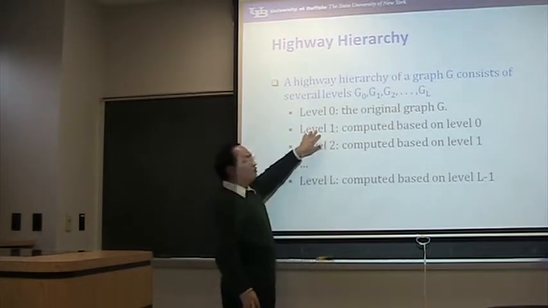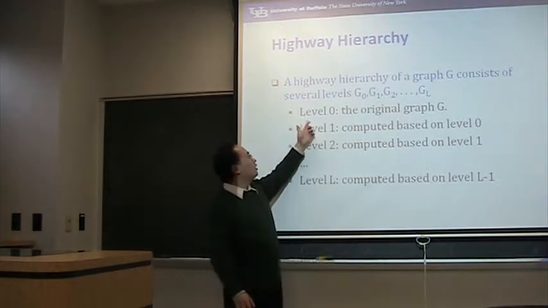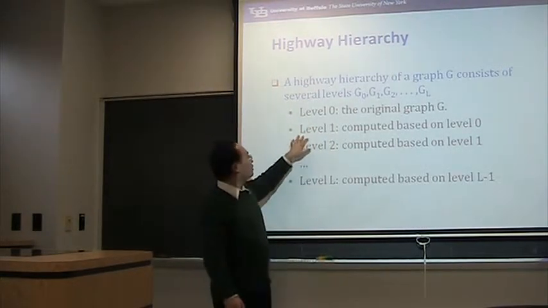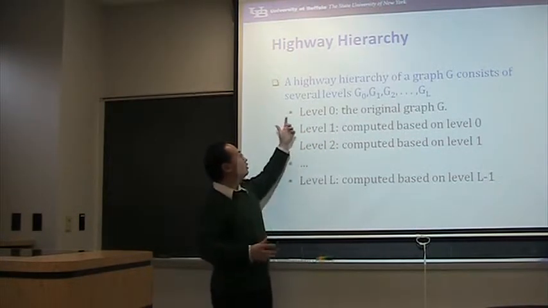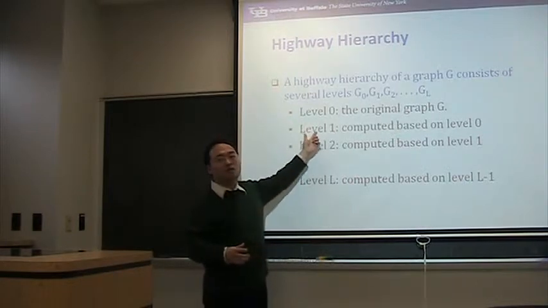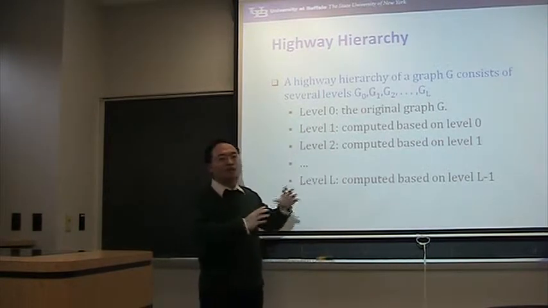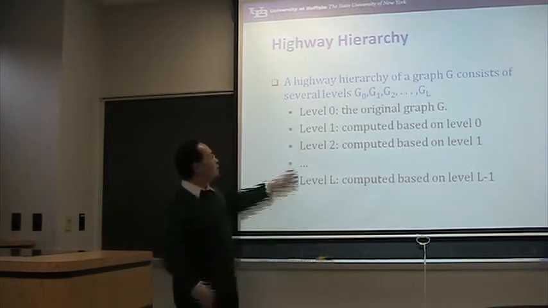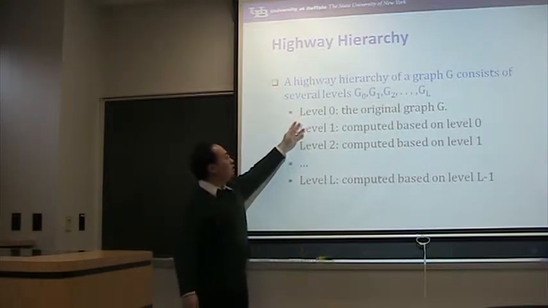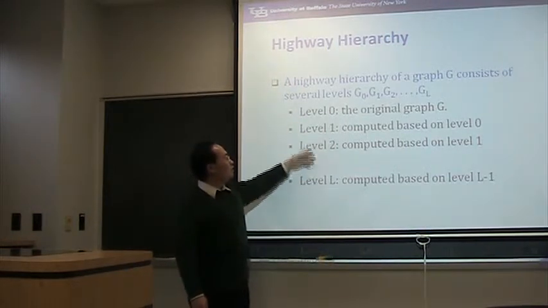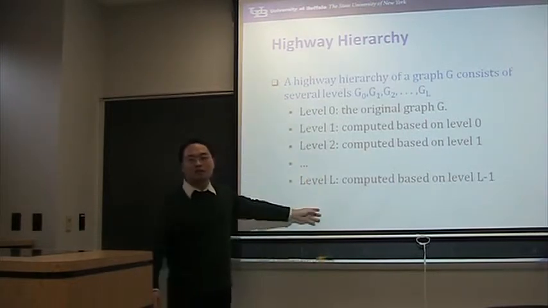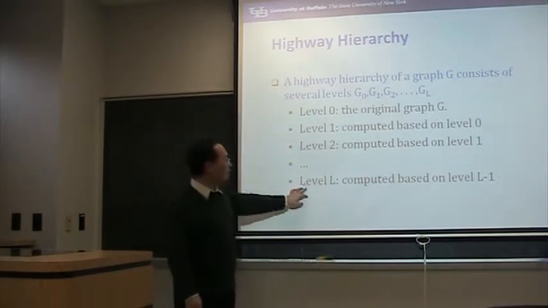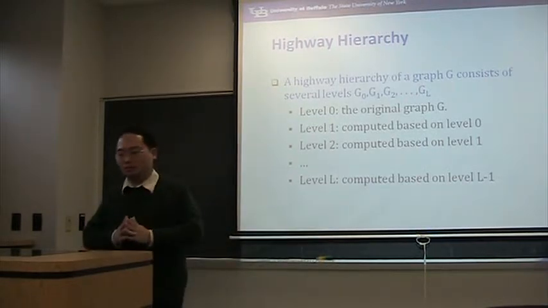All the nodes in level 1 are nodes in level 0. In other words, in level 1, the node set is a subset of the original level, but the links are not. So as the level number increases, the total number of nodes decreases. So level L has the fewest nodes.